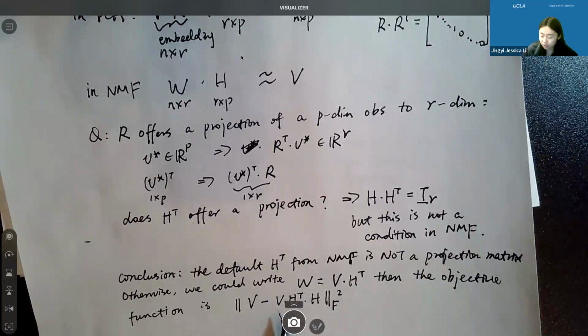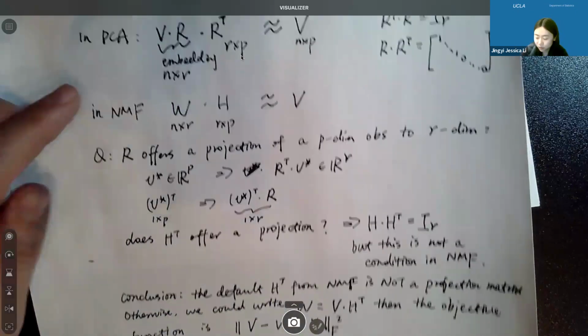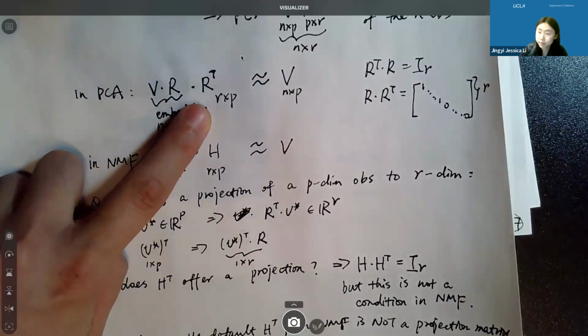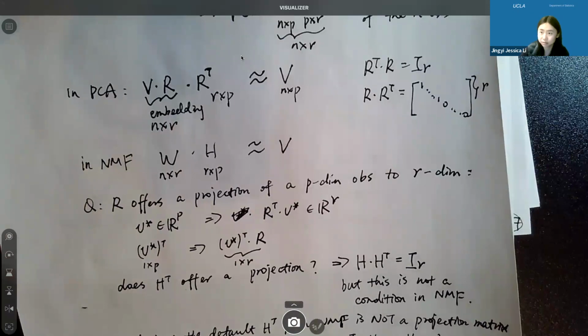Because this is just a projection of V by the H transpose, that's the embedding. So we change the objective function if we add this new requirement that H transpose offers a projection. And this is motivated by PCA, where we just need to find this R matrix alone. And this R can be found by eigen decomposition.